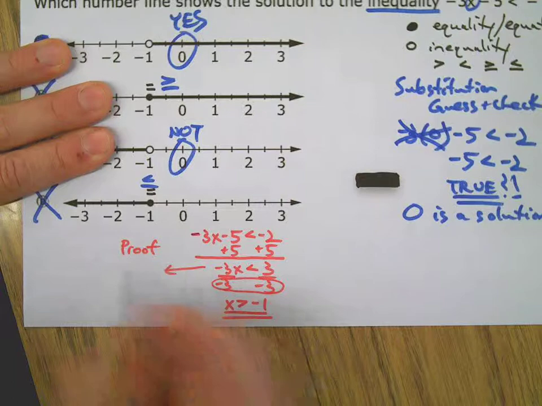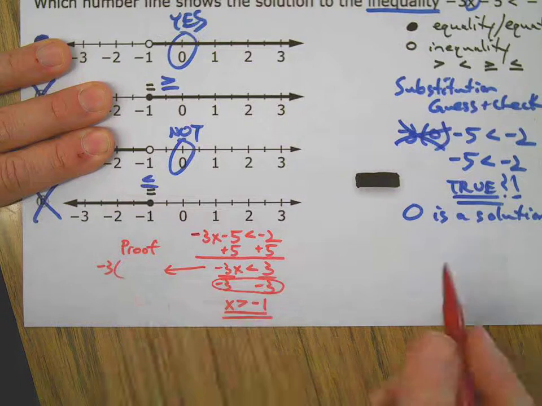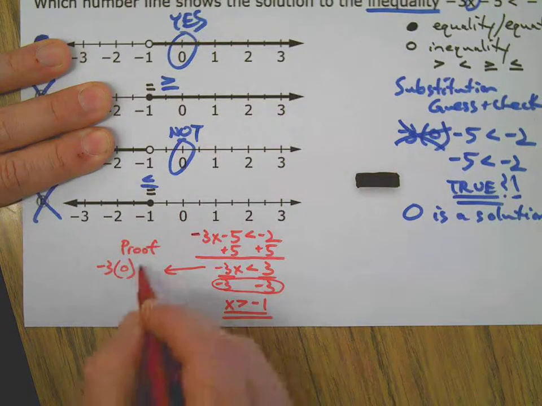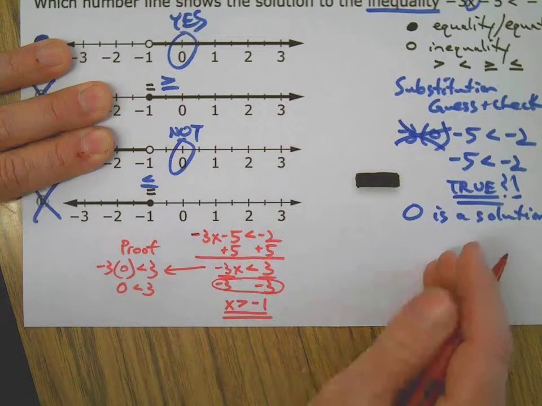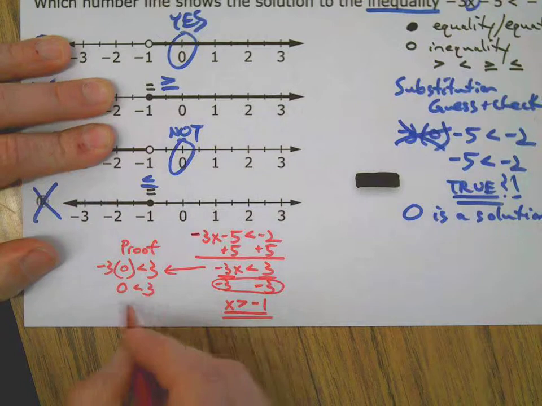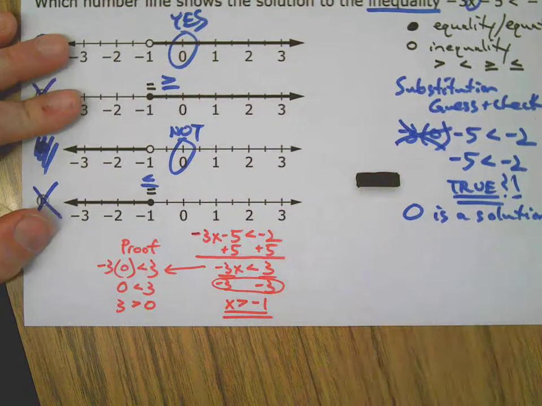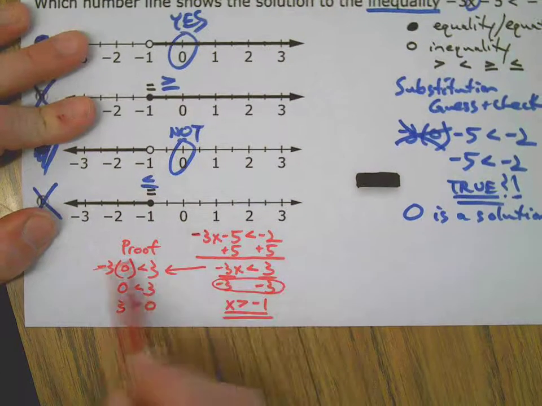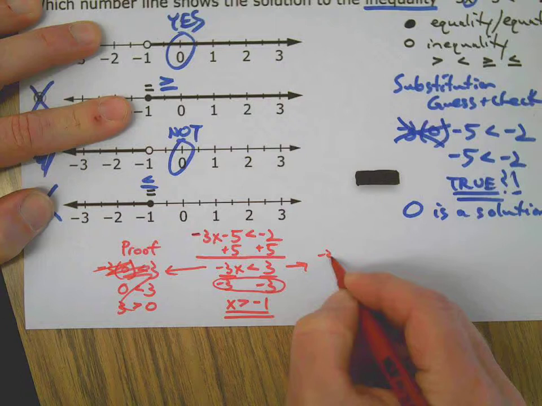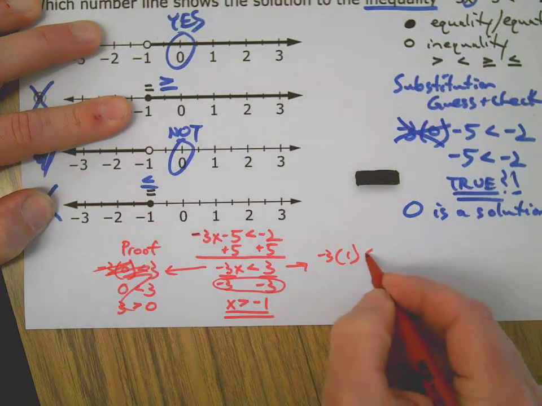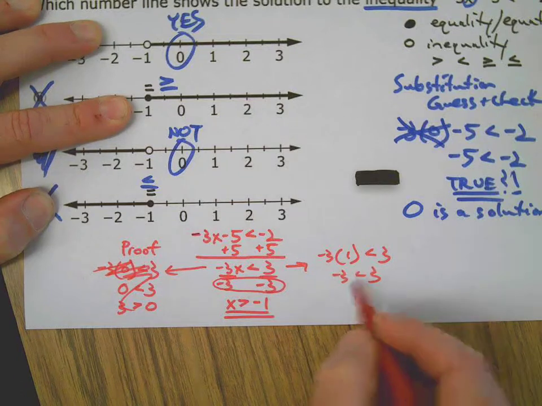For example, if I say negative 3 times 0 is less than 3, that's true, right? And if they switch sides, 0 is less than 3, that means 3 is greater than 0, doesn't it? Okay. Let's try it with a number. Okay, if I do negative 3 times 1 is less than 3, which means negative 3 is less than 3.